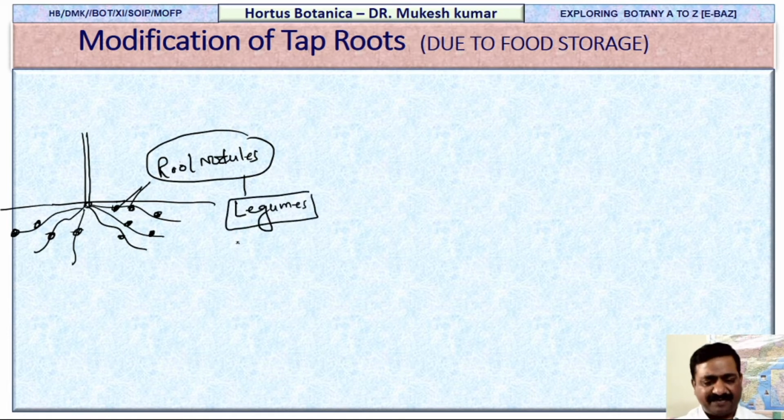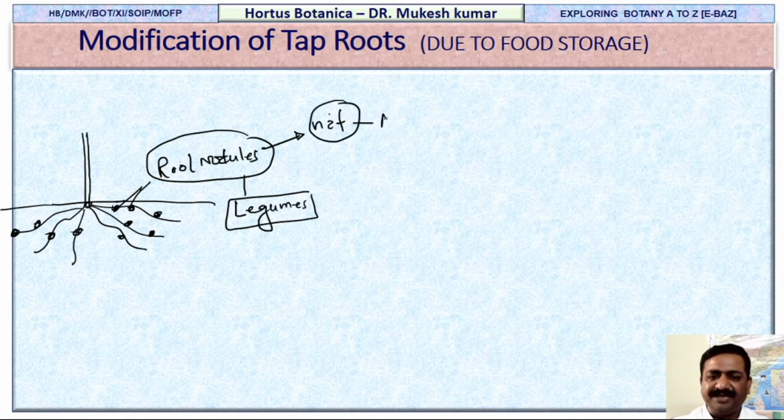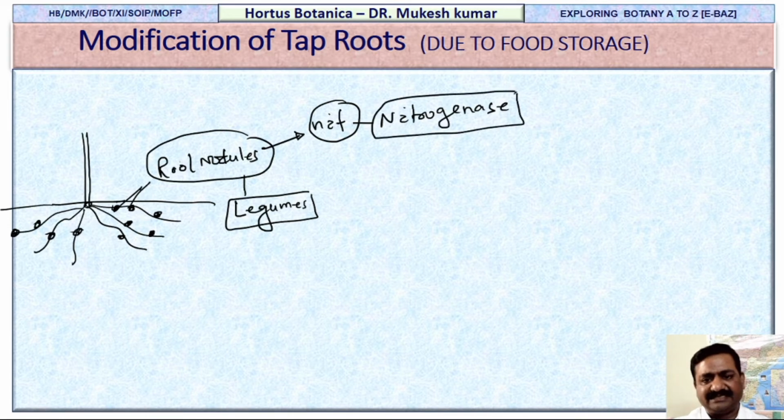It was noticed that these root nodules are the site of nitrogen fixation. They have a very important enzyme, nitrogenase, and this nitrogenase enzyme is not of the root, rather of the bacteria.